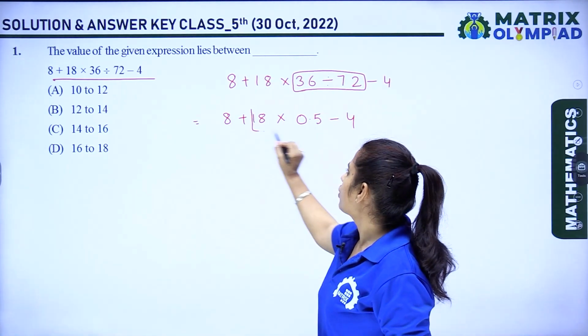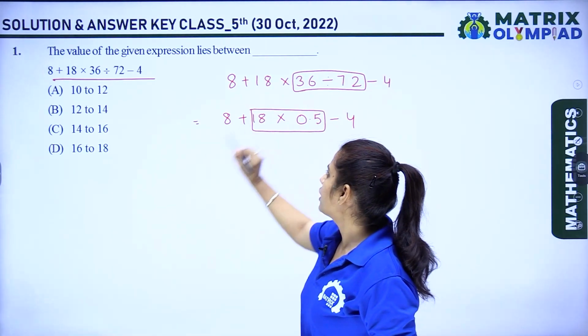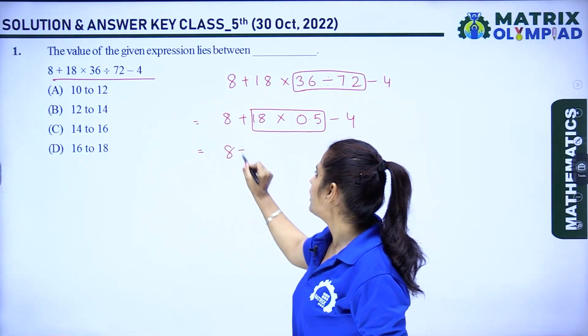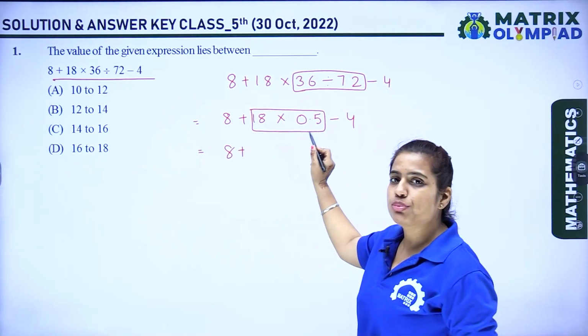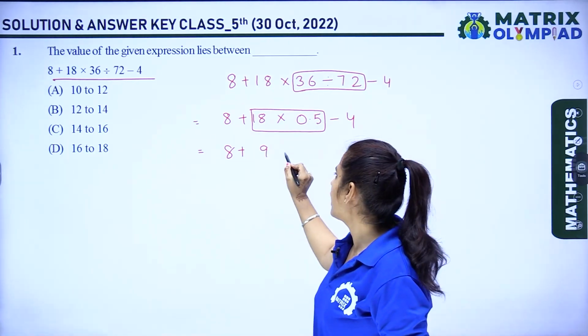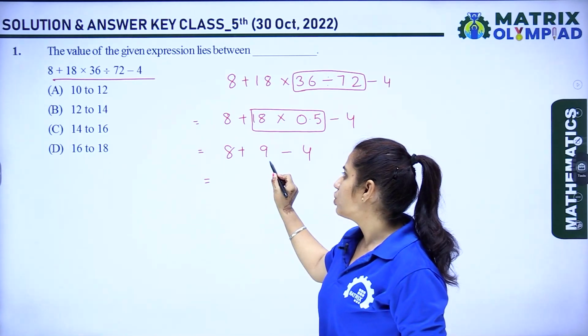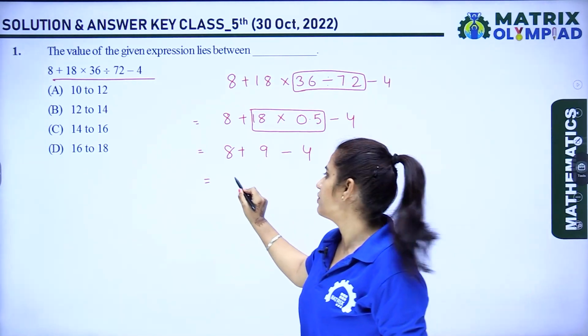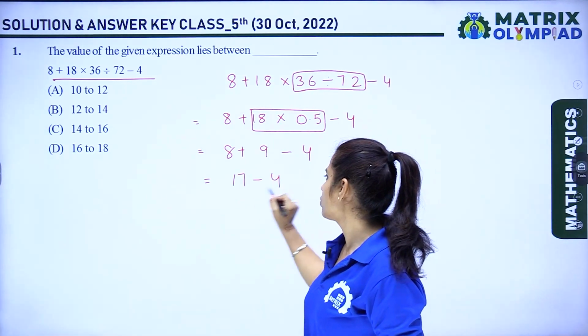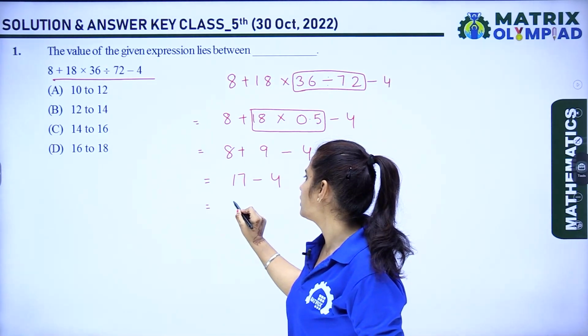So after that, we are going to apply the multiplication part. So here, 8 plus 18 multiplied by 0.5 will give us 9 minus 4. Now 8 plus 9 is 17 minus 4. Now we get the answer 13.